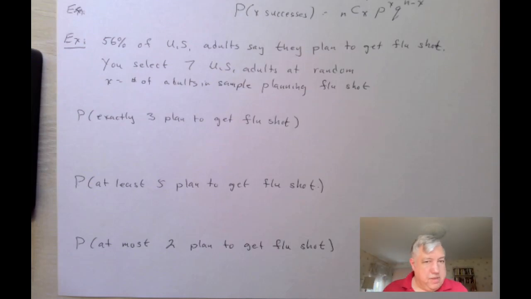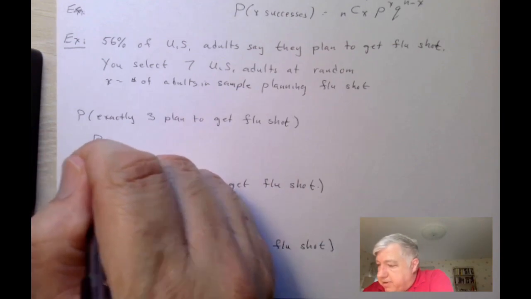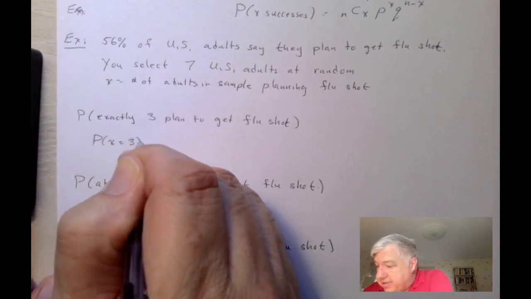Now let's use that formula. What would be the probability that exactly 3 plan to get a flu shot? Well, that would be the probability that x equals 3, or 3 successes.